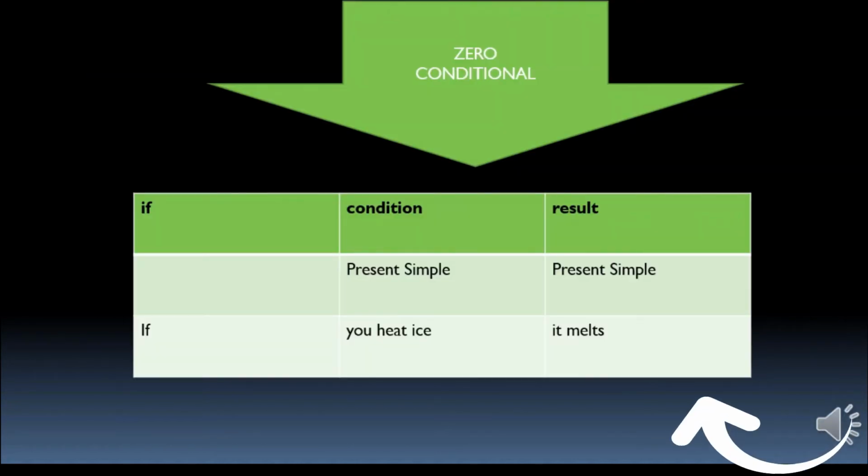The important thing about the zero conditional is that the condition always has the same result. For example here, if you hit ice, it melts. The condition is in present simple. Then the result is also in present simple.